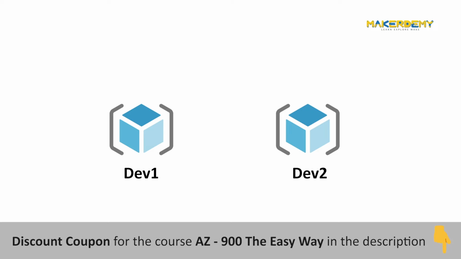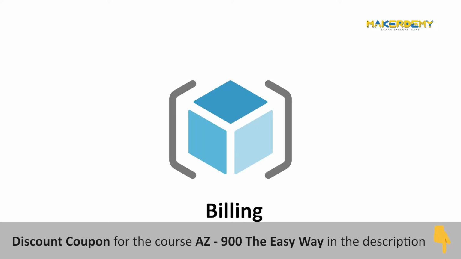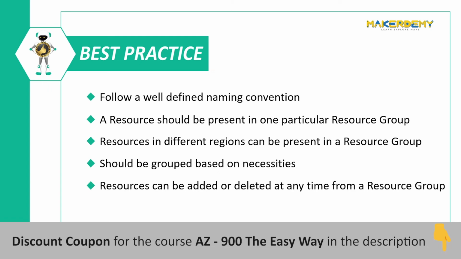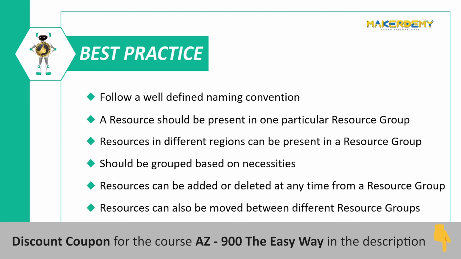You can create 2 different resource groups for each one of them, or if you want to create a billing resource group for application development, etc. Resources can be added or deleted at any time from a resource group. Resources can also be moved between different resource groups.